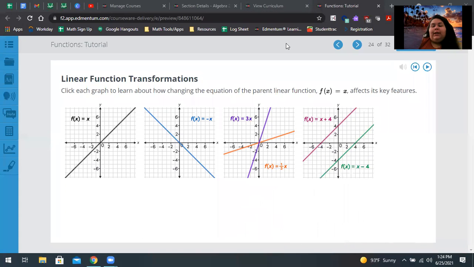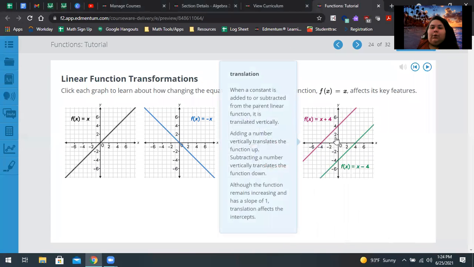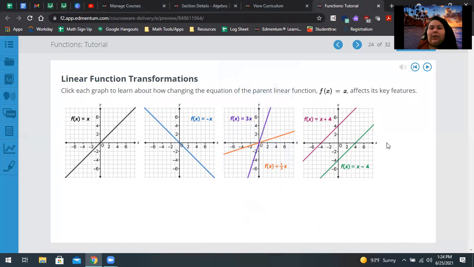And keep in mind, we're breaking them part by part, meaning there's a reflection, and there is a vertical stretch or compression. And then we also have the horizontal and vertical shifting, which here they're going to call vertical translation. So with this plus 4, my y equals x line was right here.